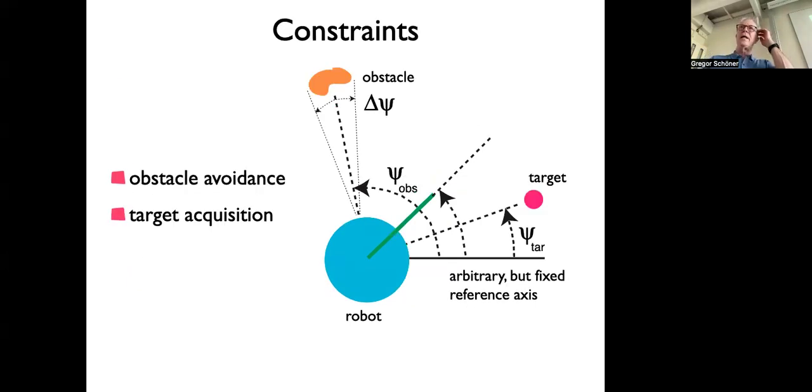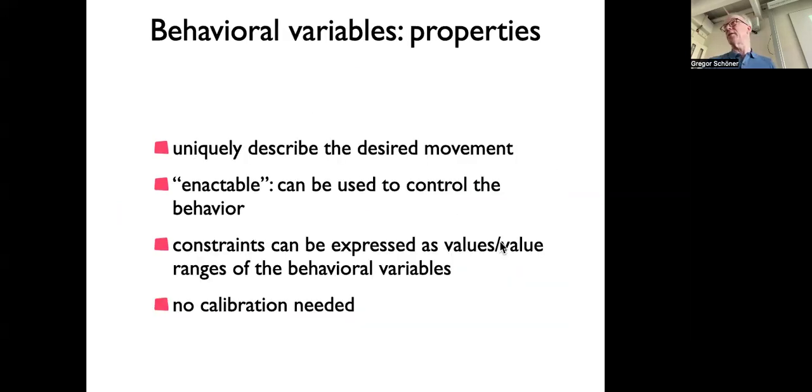Good. So the two constraints we have on the behavior would be going to a target or avoiding obstacles, and both of these can be expressed in terms of that variable. So for instance, if I have a target, I can now look at the target and define the heading toward the target through the angle that the direct connection from the robot to the target makes relative to that world axis.